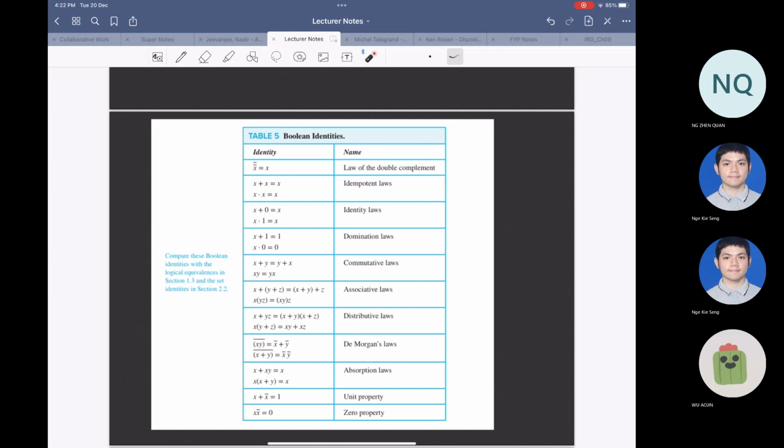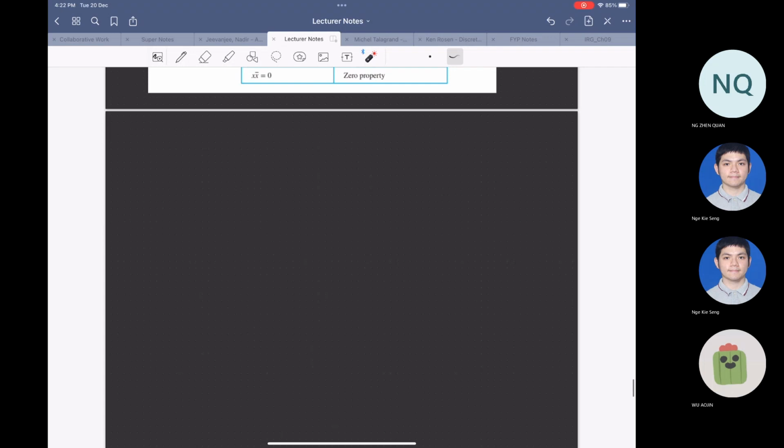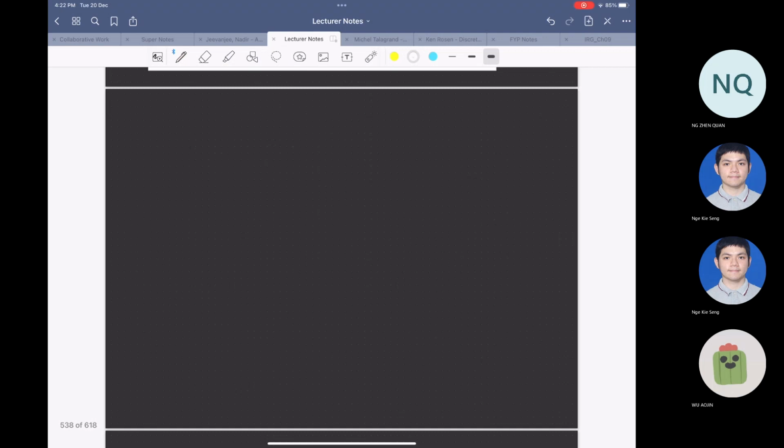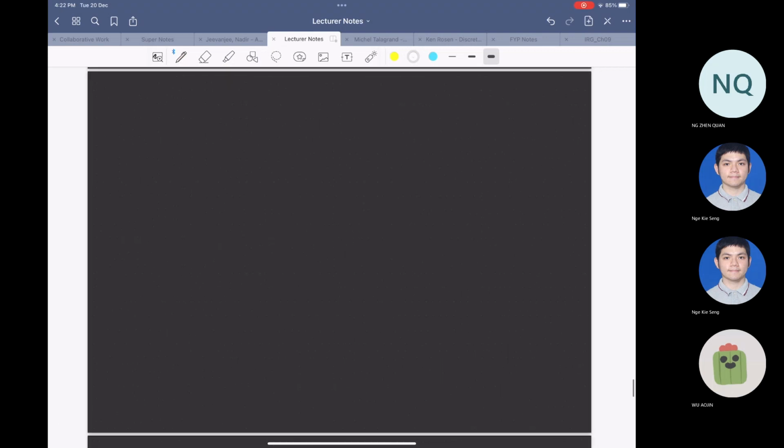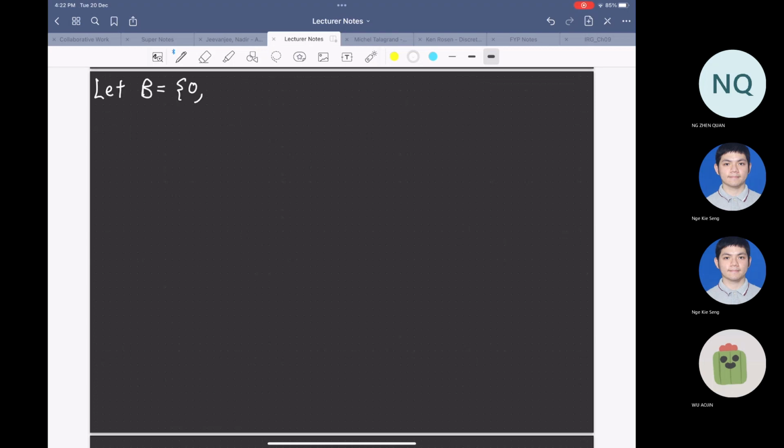Okay, next, we will study the Boolean function. So let B be the set of 0 and 1. Okay. And B^n would be the n-tuples of 0 and 1, where we denote (x1, x2, up to xn) such that xi is in B for all of them.